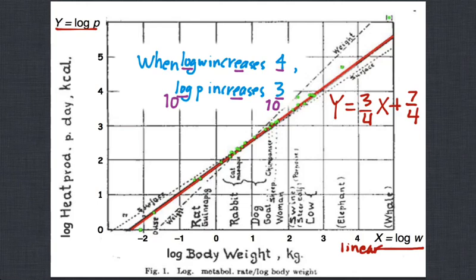In other words, when the log of p increases by 3, p increases by a factor of 10 to the third. There's our 1,000 from the original interpretation. And likewise, when the log of w increases by 4, w itself increases by a factor of 10 to the fourth.